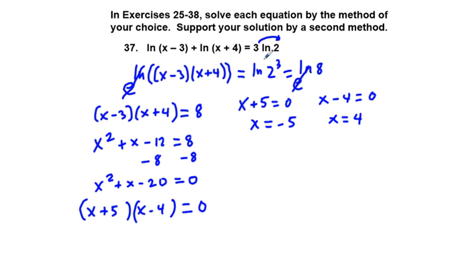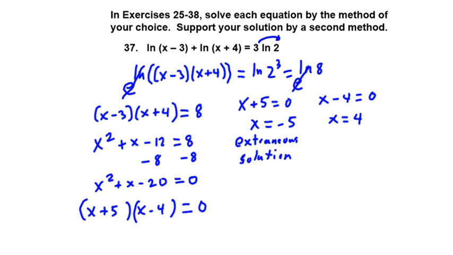So that's just not going to work. So we call this one, x equals negative 5, an extraneous solution, because it was a solution that was really created in the process of solving the problem. So 4 is going to be what our answer is.